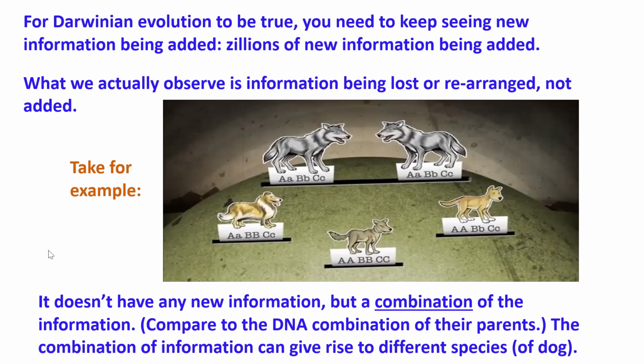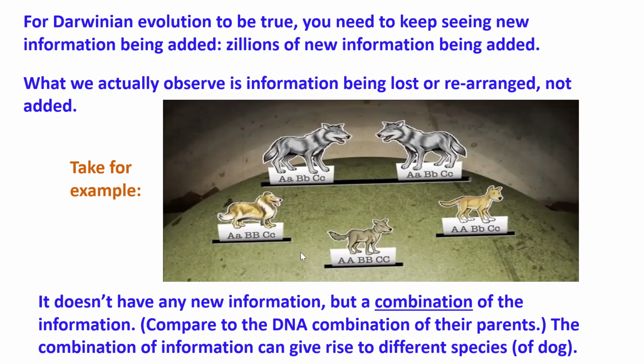So far, it doesn't have any new information. All the information is actually from the parents. You don't have a D popping up in the genes, right? It's all A, B, C, and it's a combination of the information. There's no new information like a D or an E gene coming up, correct?